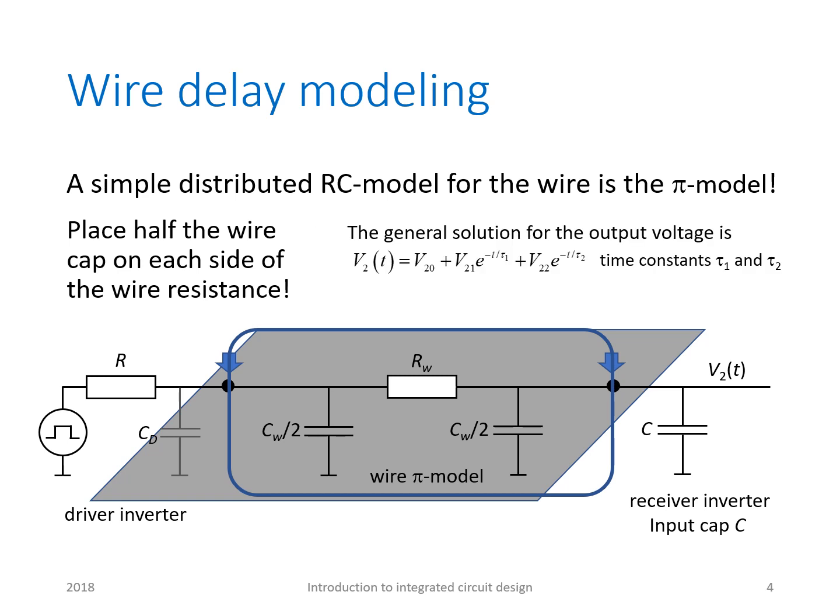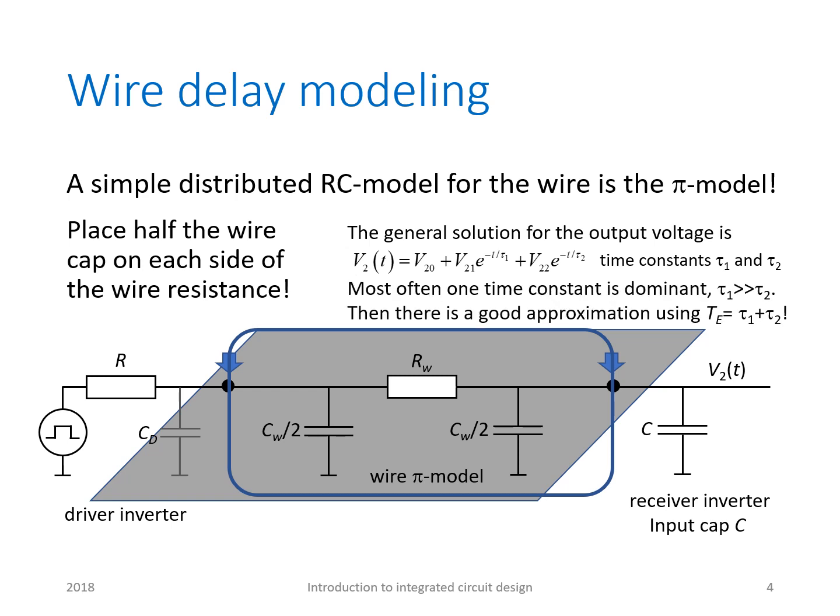The general solution for the output voltage is a sum of two decaying exponentials with time constants tau1 and tau2. But how is the propagation delay related to tau1 and tau2? It's not immediately obvious. But most often, one time constant is dominant.